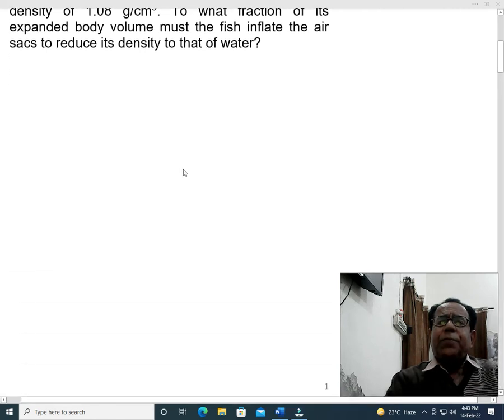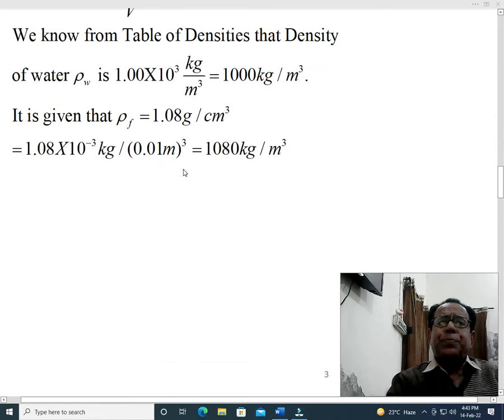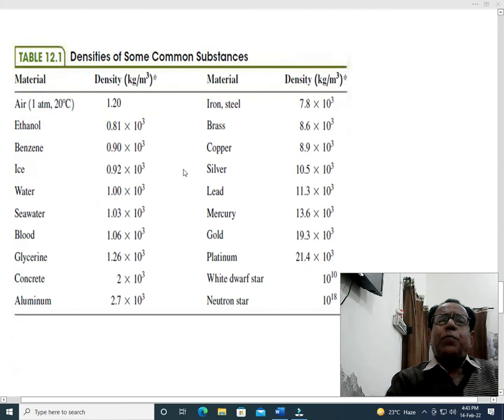Okay, first we go towards the table of densities. Okay, this is the table of densities, densities of some common substances. Here this table has two columns.